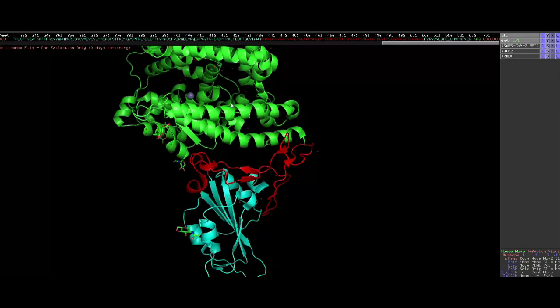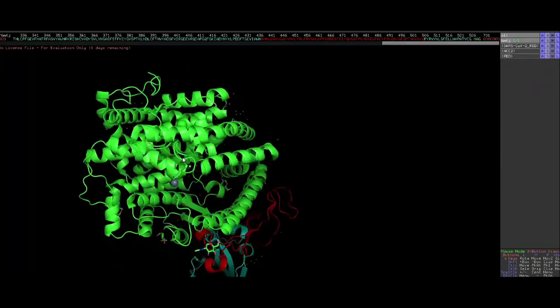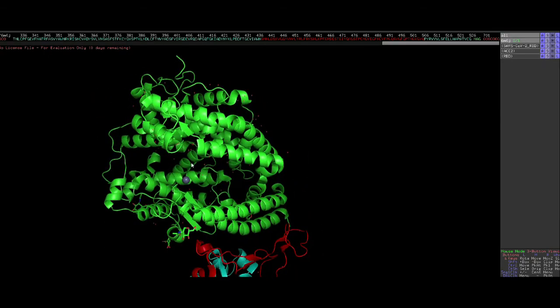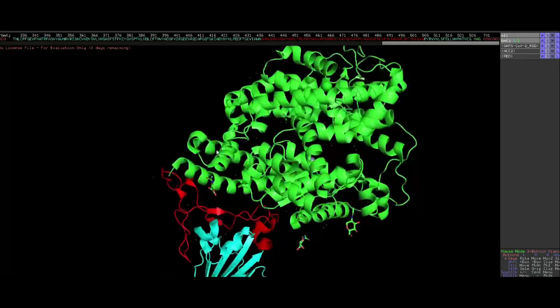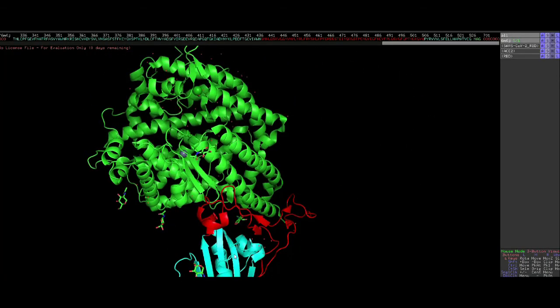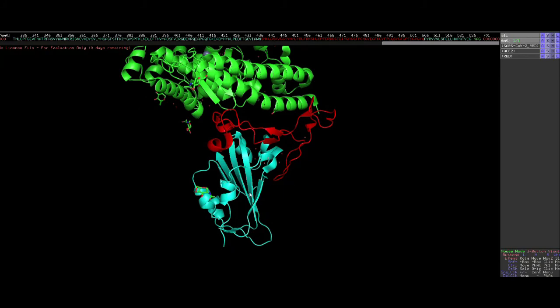So this is binding onto this ACE2 domain on the human lung protein, on this human lung receptor. So this is a receptor in the human lung cells, and you can see that this is the COVID-19.